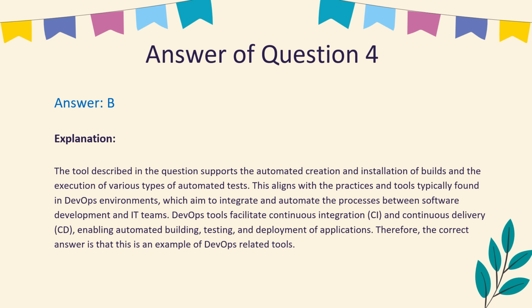DevOps tools facilitate continuous integration, CI, and continuous delivery, CD, enabling automated building, testing, and deployment of applications. Therefore, the correct answer is that this is an example of DevOps-related tools.